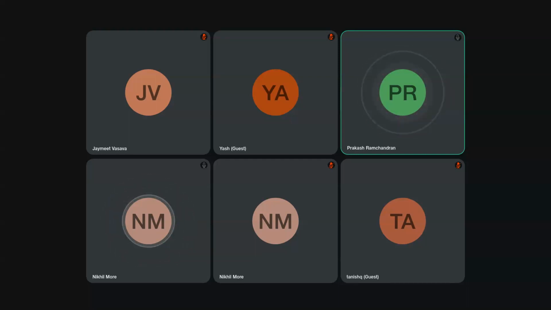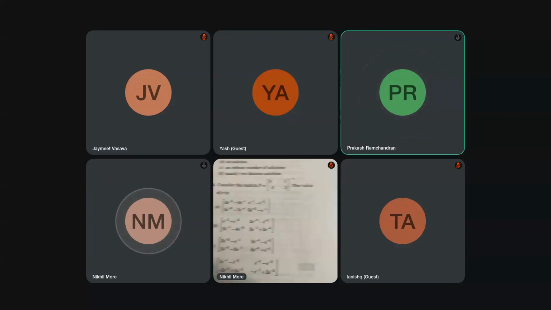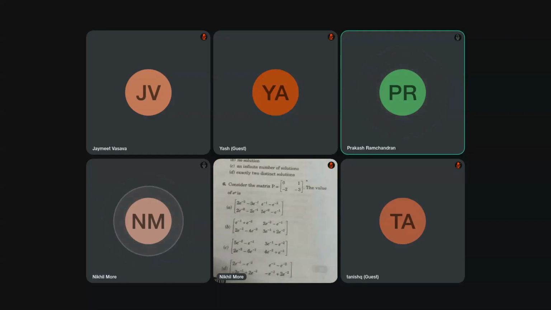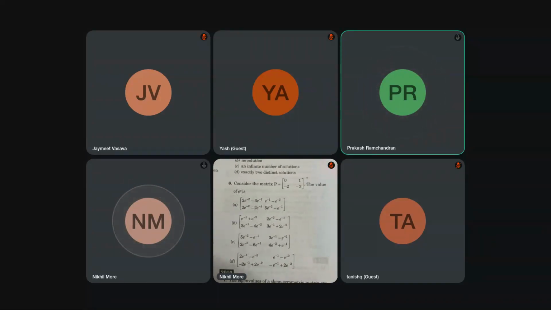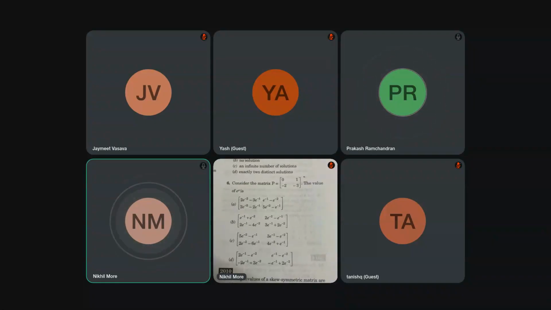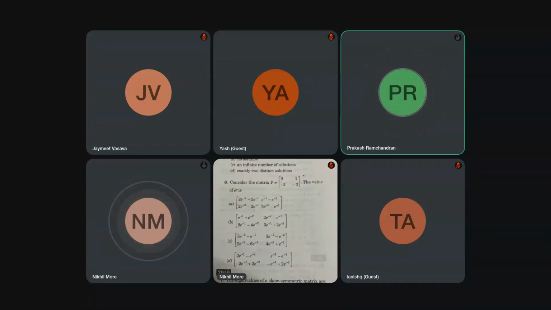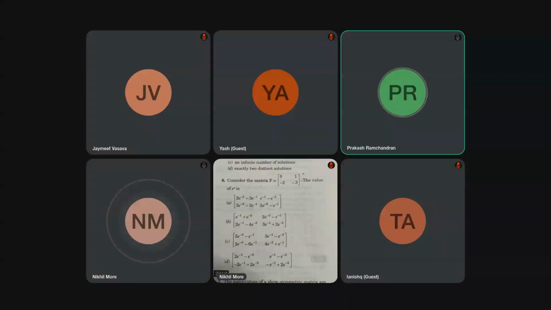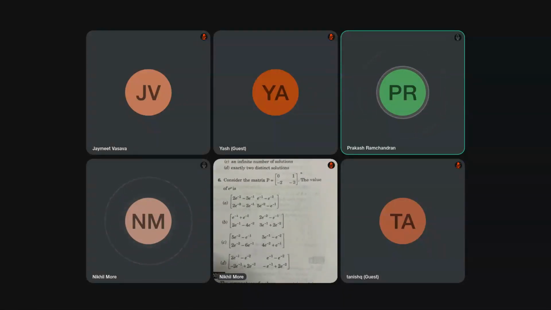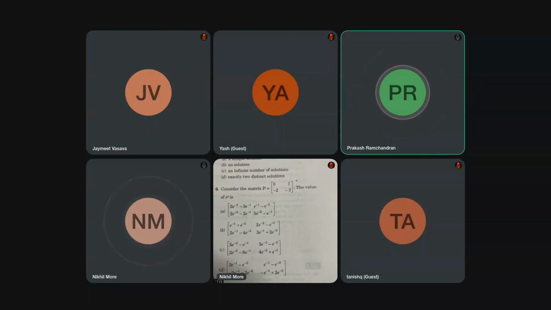This is a way of making things simpler, because if you look at question 6, see how complex it is. It says consider a matrix P equal to 0, 1, minus 2, minus 3. The value of e raised to x is a, b, c, d. So what they have done is complicated it by putting it in some e to the something.